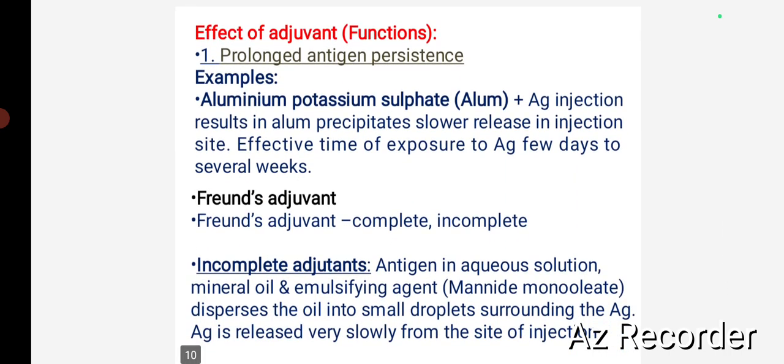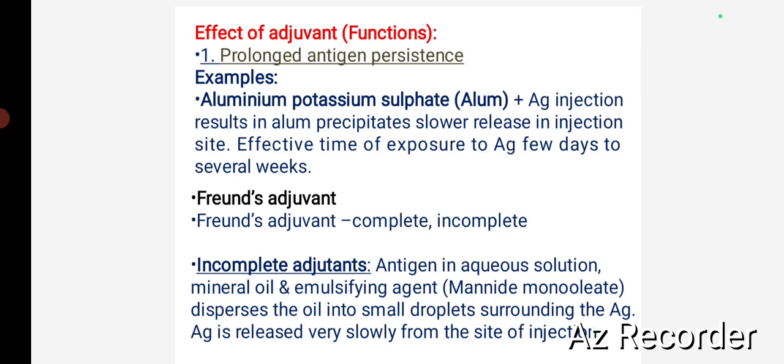Next one, effect of adjuvant, otherwise called functions of adjuvants. First one, prolonged antigen persistence. Prolonged antigen persistence means the antigenic property is prolonged where it is located. Example, aluminium potassium sulfate, otherwise called alum.